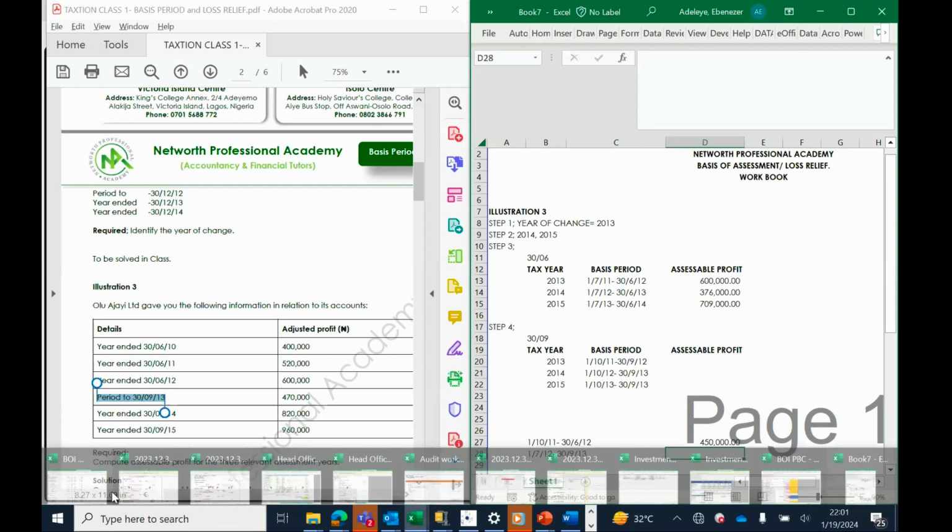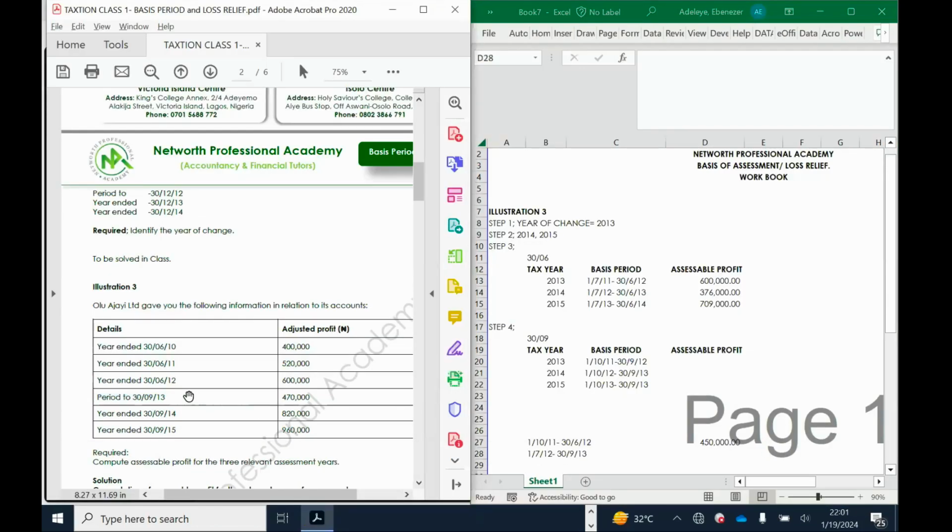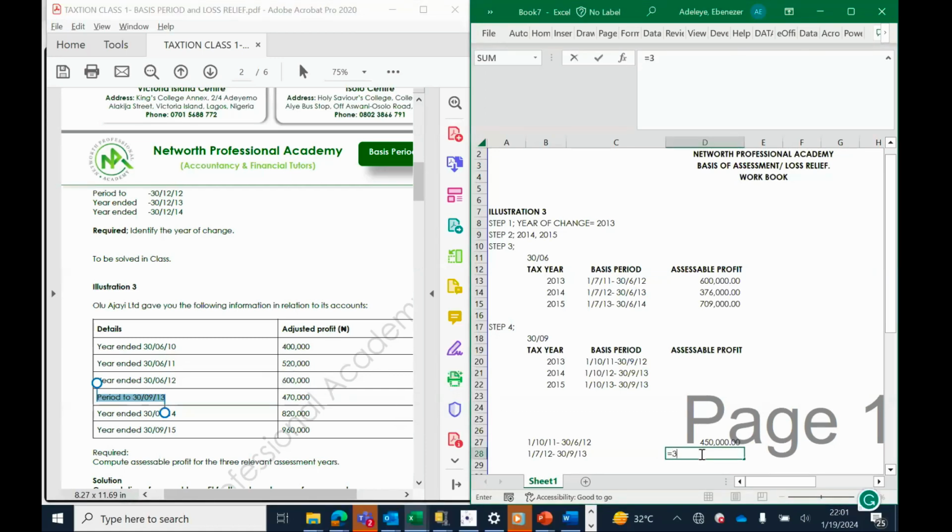So for us to be able to figure out our 3 months, we said this period is how many months? It's a 15-month period, right? So all we have to do is to prorate. We'll say 3 divided by 15 times 470.